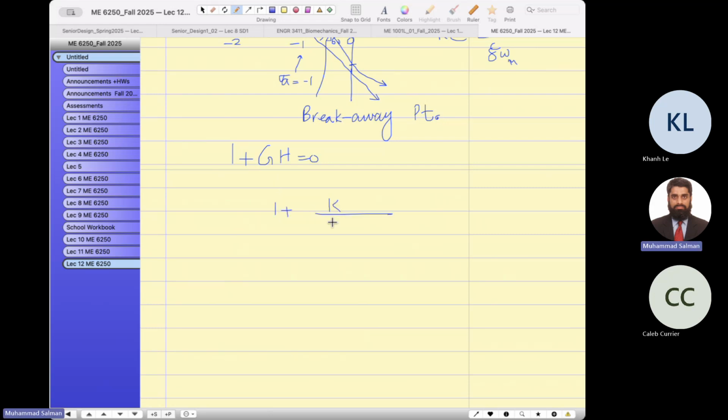K over s times (s plus 1) times (s plus 2). Agreed? And from here, if you do the rearrangement, K equals negative s (s plus 1)(s plus 2). So I can write here, if you multiply all these, do you get this negative?